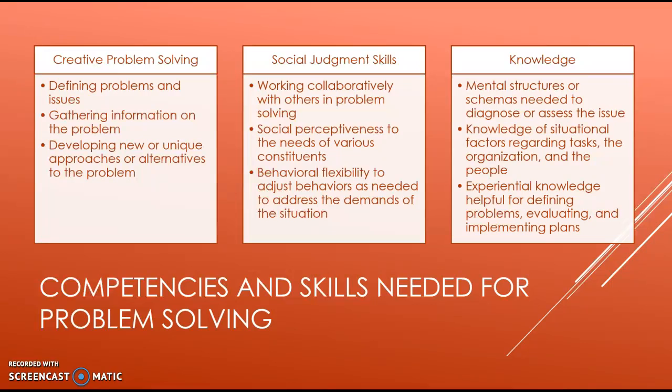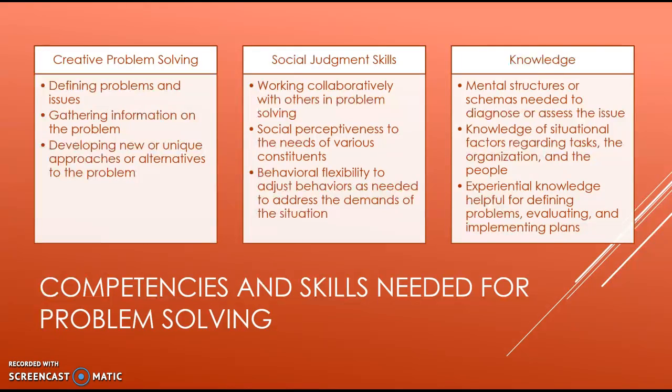These are the ones that Mumford and the co-authors took a look at, and they understand that in order to solve big, complex problems from a leadership perspective, we need to be able to think creatively about how you solve the problem. That's that first box. From the second box, how do these social cues and judgments come into play? Working with others, what is the harm that could happen?